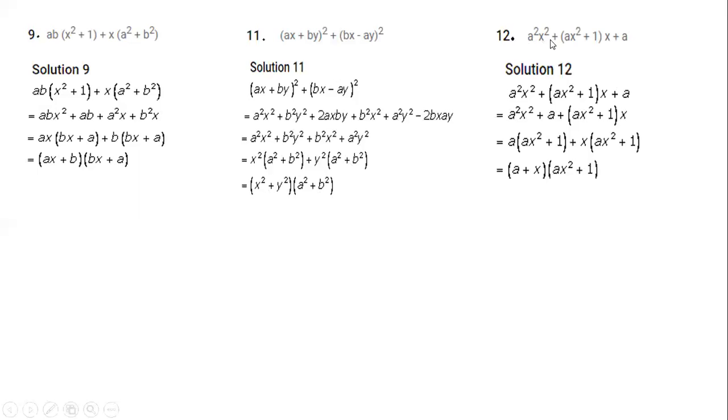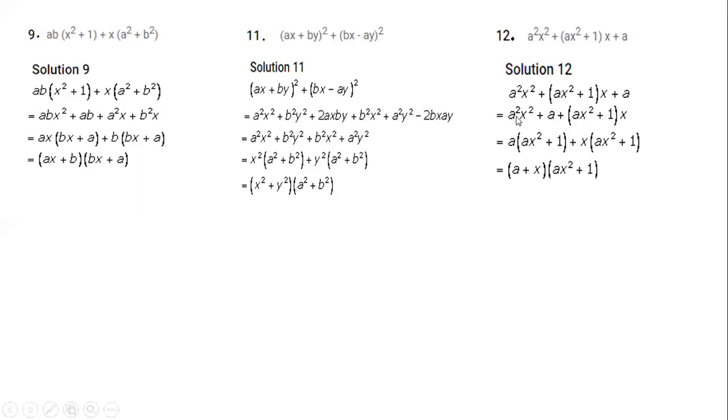A square x square plus ax square plus 1 into x plus a, which is equal to a square x square plus a plus ax square plus 1 into x. See, can I take a common from these two? Yes, because here it is a square, here a is there.